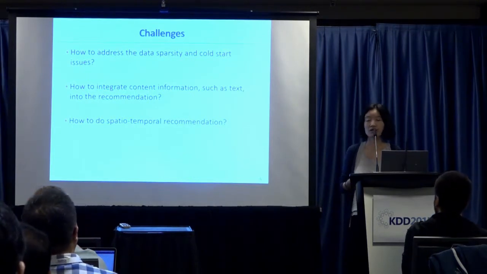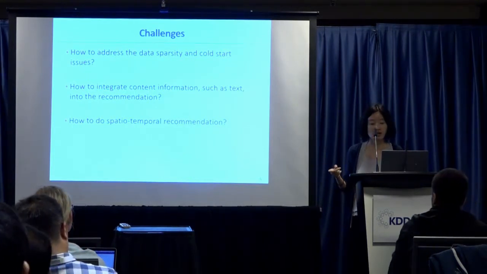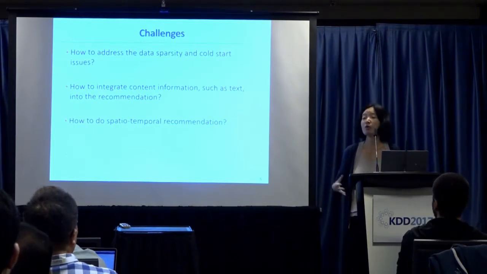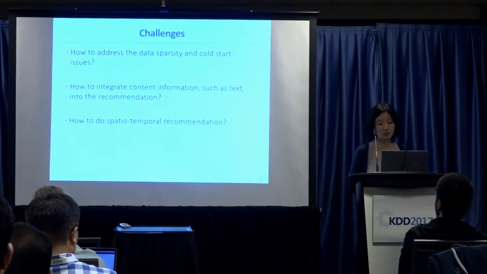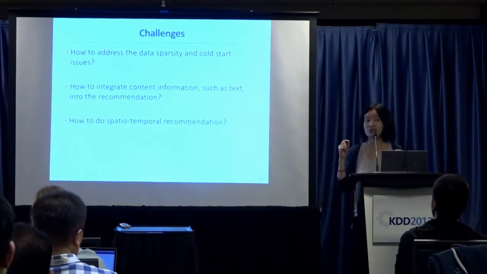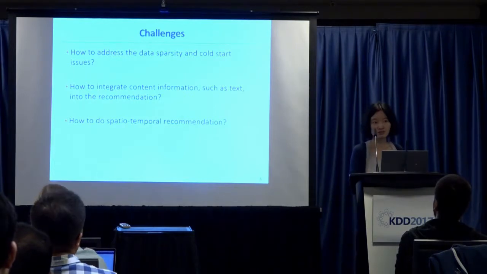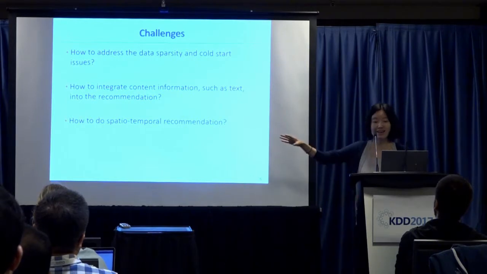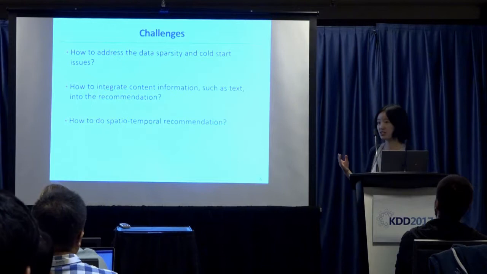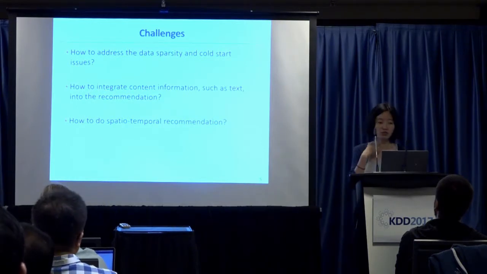And also if you look at the matrix I have shown in the previous slides, you will see that it is very sparse. So now how can we overcome the sparsity issue and the cold start problem? Essentially we really need to utilize additional information to make sure that those long tail users and items can be covered. So that's the first challenge and the possible solution to it.